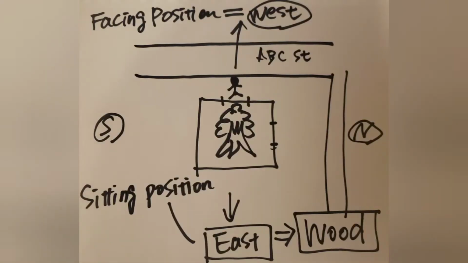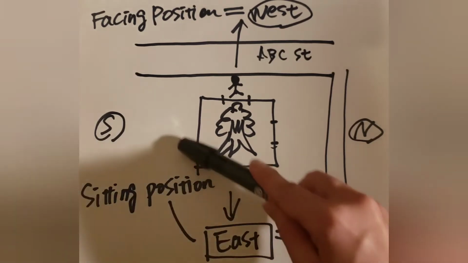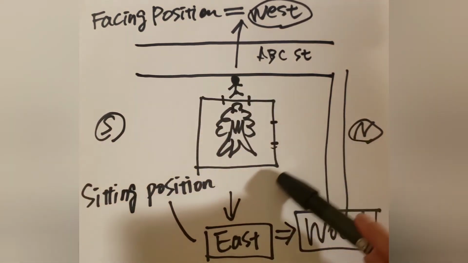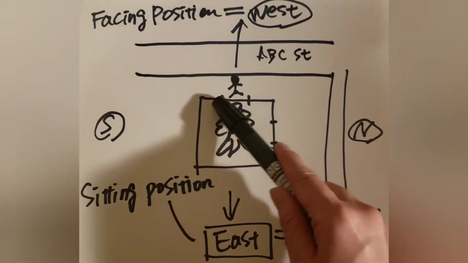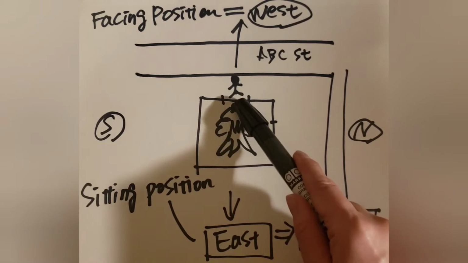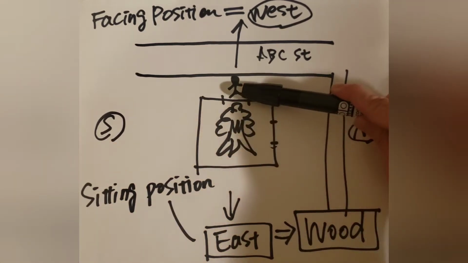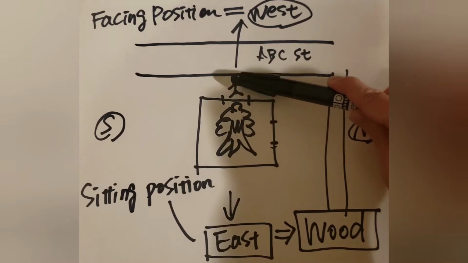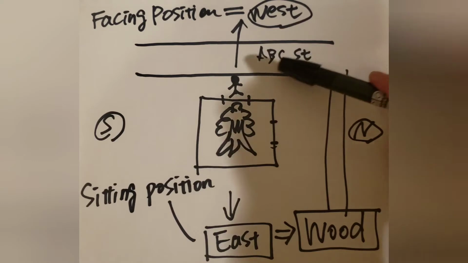I'm going to quickly review what I did with my compass in front of the entry door of my apartment building. Let's pretend this is my apartment building, and this is the door. I went outside and stood right in front of the entry door, facing the street, ABC Street, let's say.